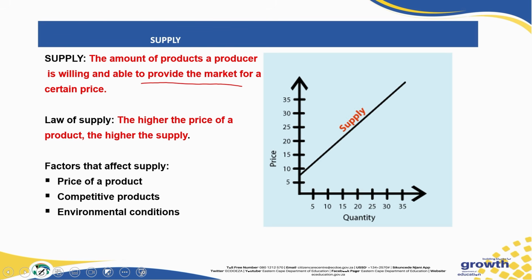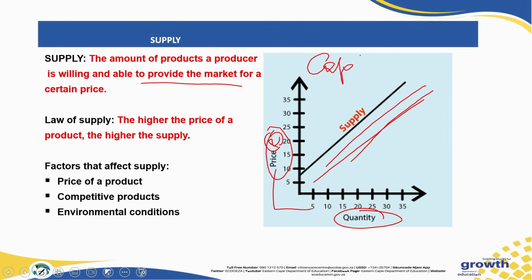This is an example of a graph showing the supply. It is up sloping to the right. The demand was down sloping to the right. That is the difference. Also, in the supply curve, you need to have quantity on the x-axis, price on the y-axis, with the units. And you also need to have the caption.